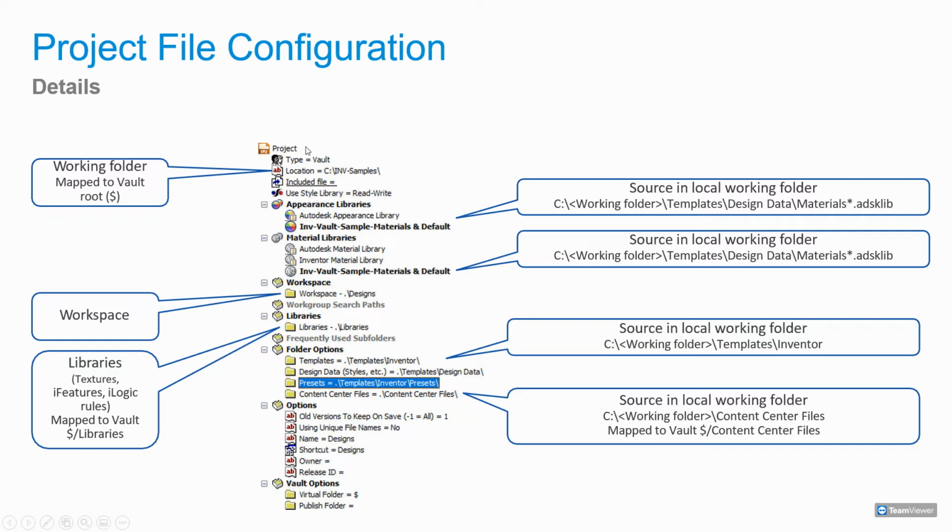When you check something in, that material goes into the Vault and stores it as library content. It does the same thing with all libraries here. So custom libraries, and these include things like textures, iFeatures, iLogic rules, etc.